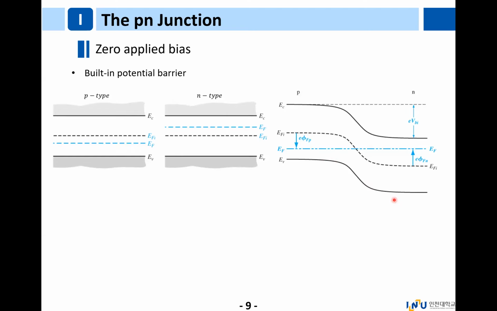The difference in Fermi levels, as indicated by the arrows, eventually becomes the size of the bending of the p-n junction, right? So it becomes the bending in the p-n junction.